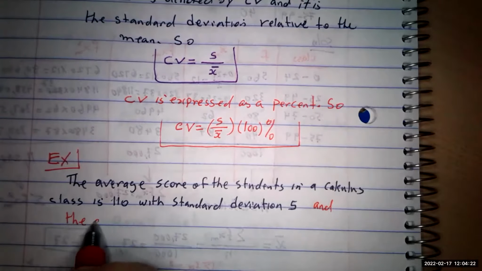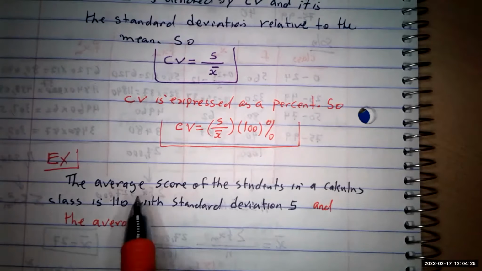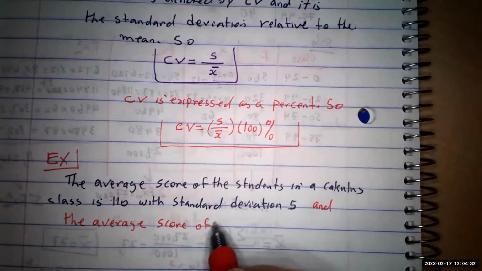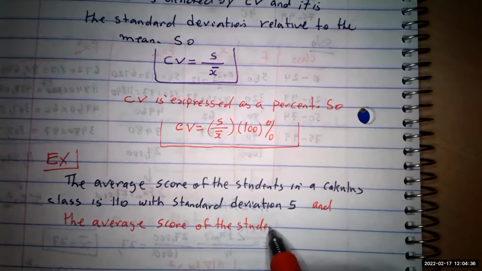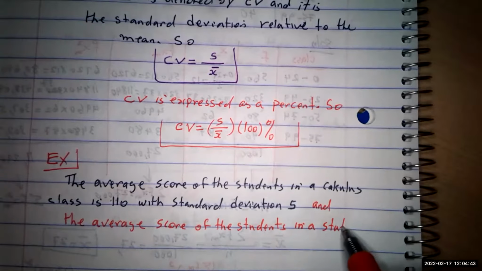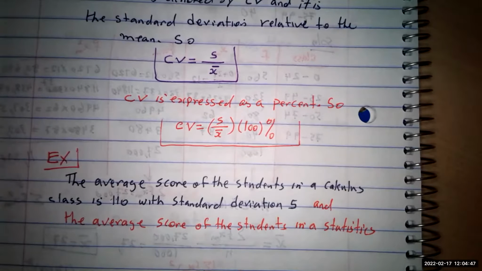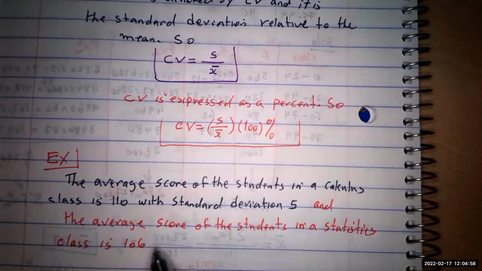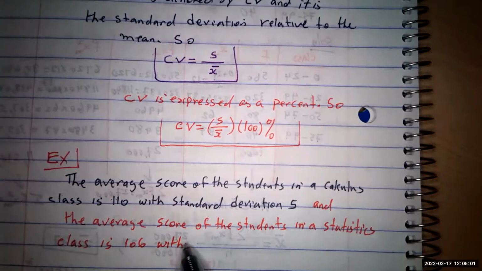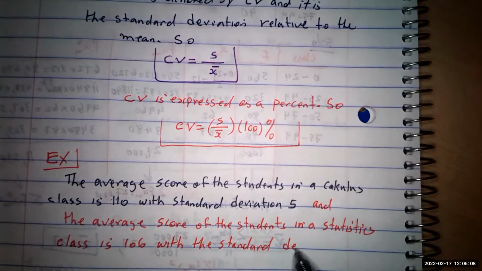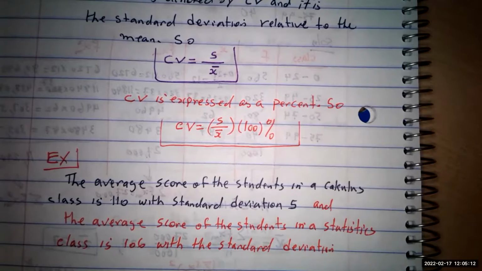In this class, the average score of the students in a statistics class is 106, with a standard deviation of 4.